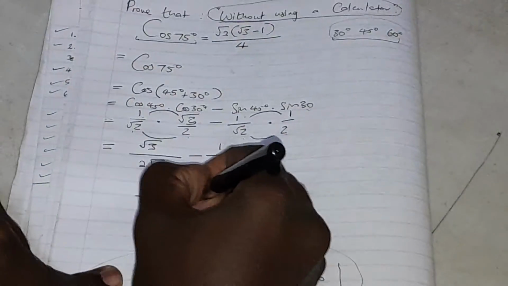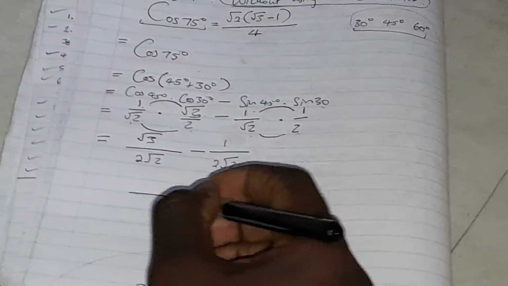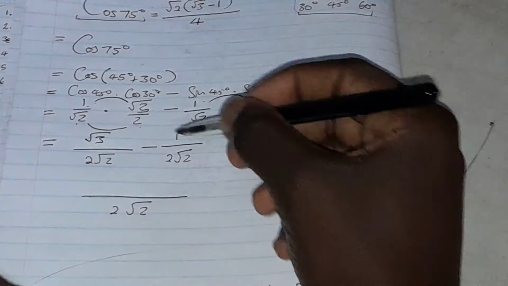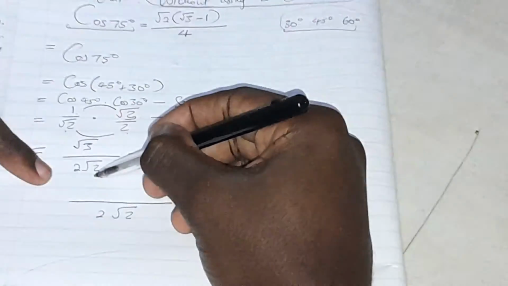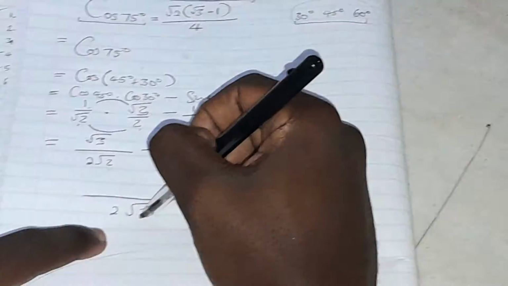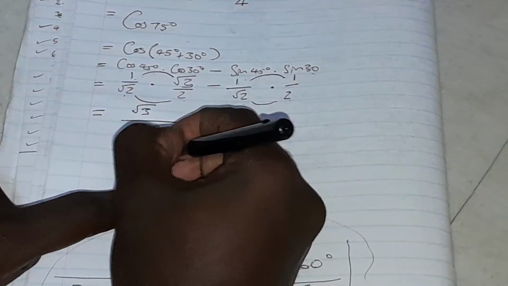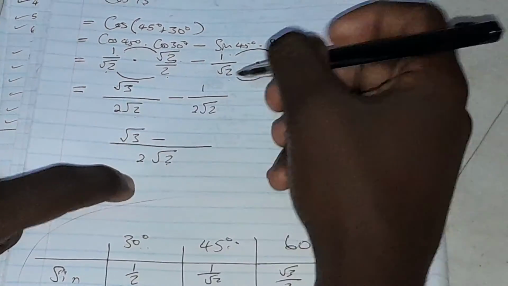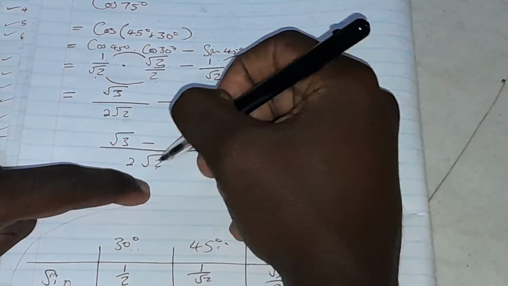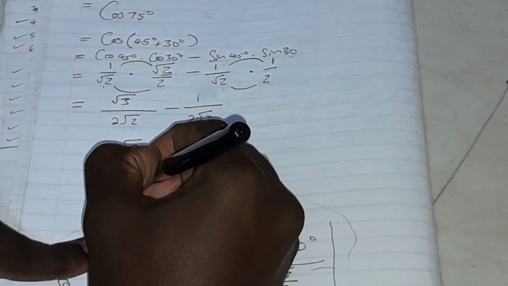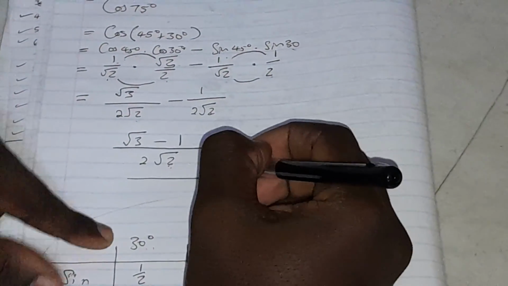Now when I get there, I look for the lowest common denominator, which is 2 square root 2. How many times does this denominator go into that denominator? They cancel each other one time. So 1 times the numerator is square root 3 minus how many times does that one go into that one? They cancel each other. And then I have 1. Then the problem is solved.